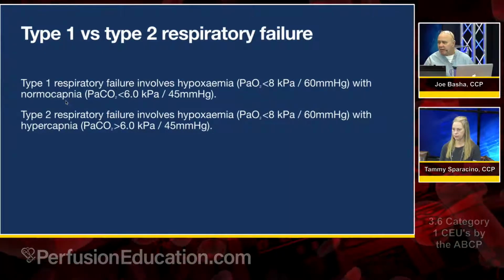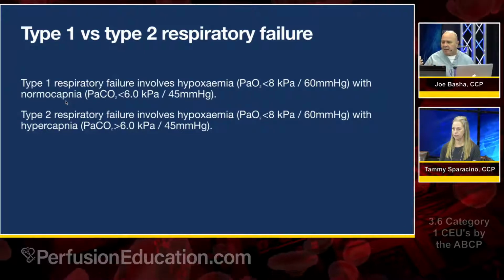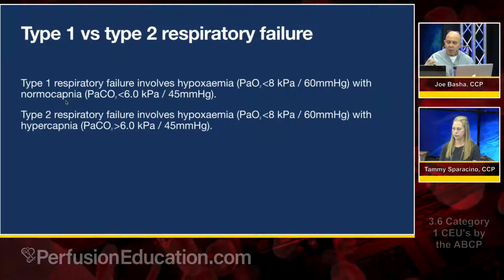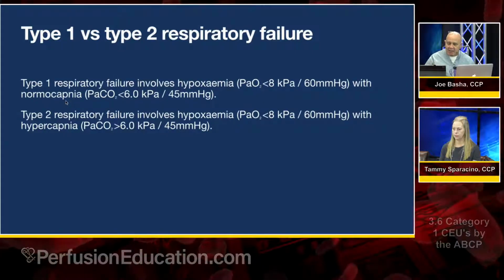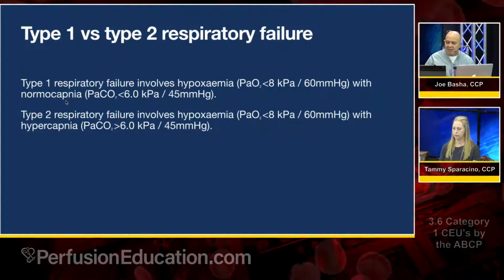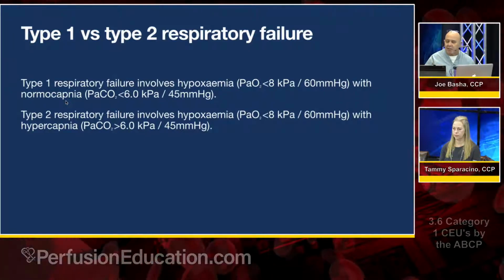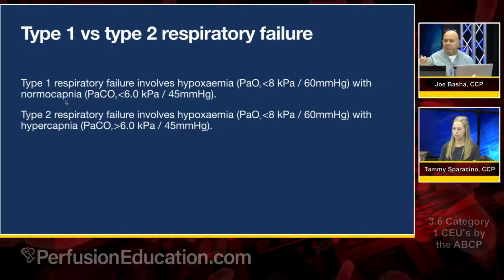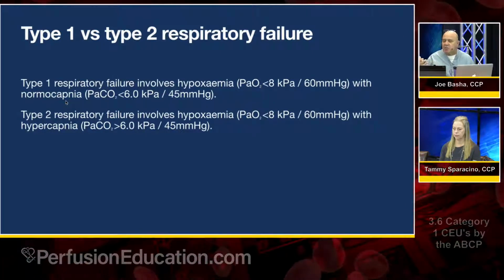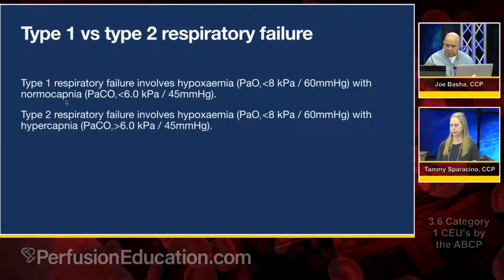There are two types of respiratory failure. There's a type 1 and there's a type 2. Type 1 respiratory failure is characterized by hypoxemia, PaO2 less than 60, with normal capnia. You have a PaCO2 of 45. So your CO2 is normal, but you are hypoxic.